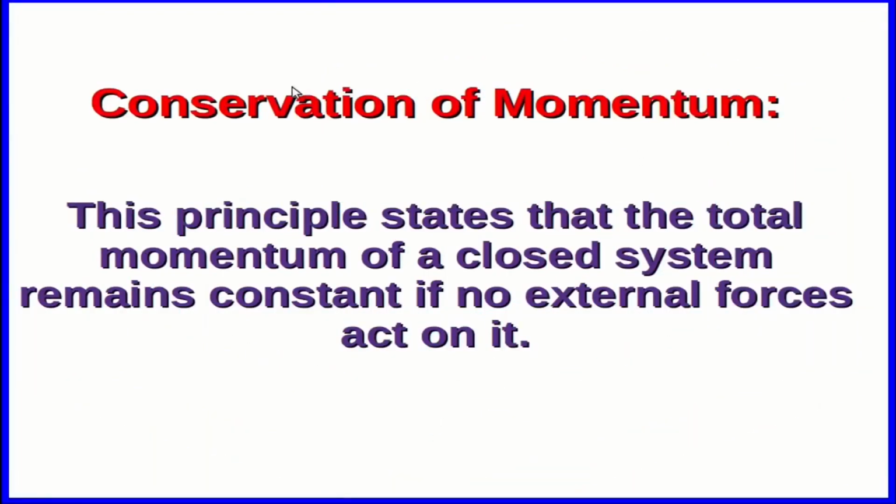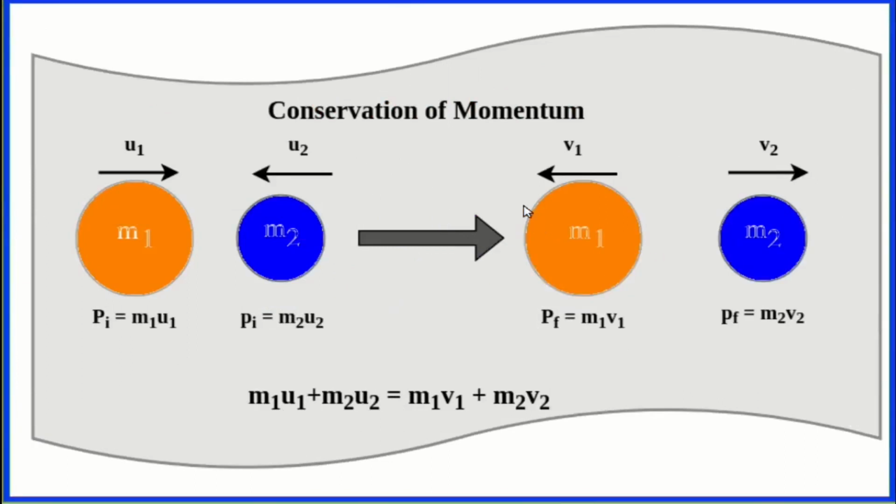So this is the famous law of conservation of momentum. It states that the total momentum of a closed system remains constant if no external forces act on it. That's a precondition, that there should not be any external force acting on the system, and then the total momentum will be constant for a closed system.